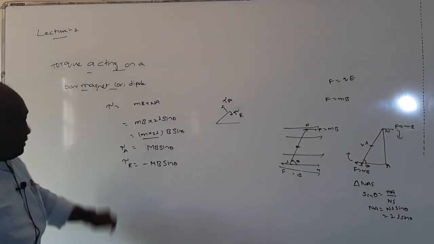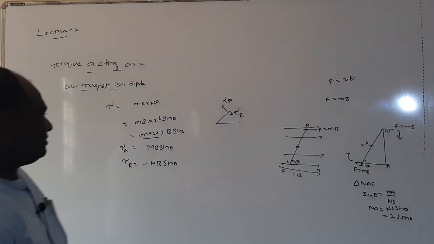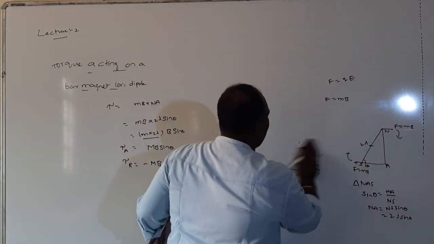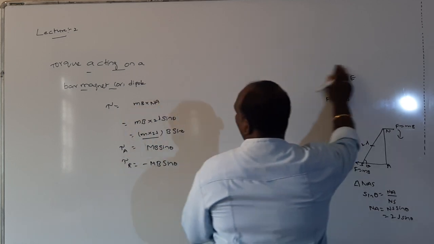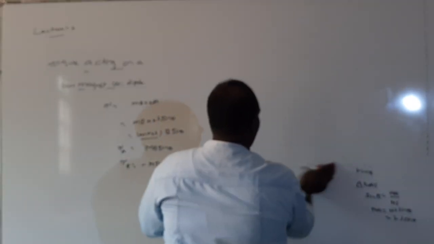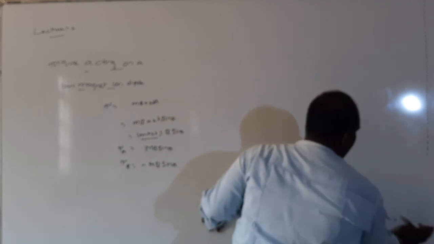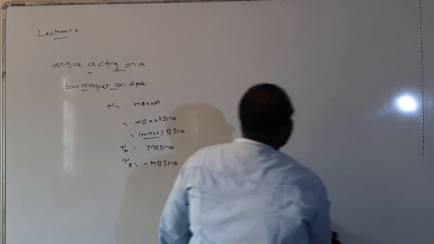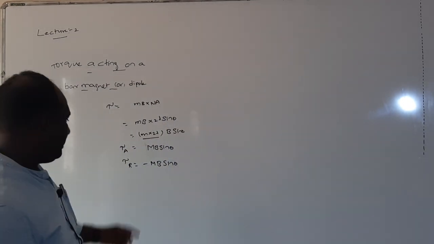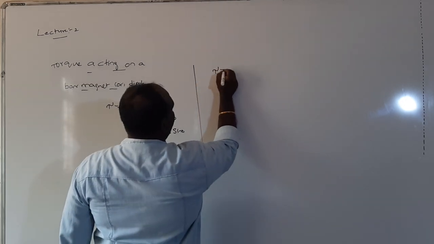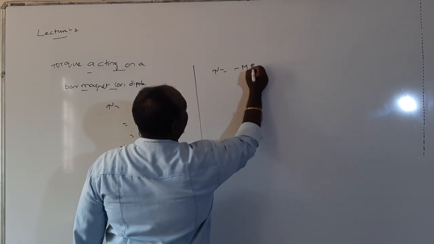If theta is very small, I can write torque tau equal to minus MB theta.